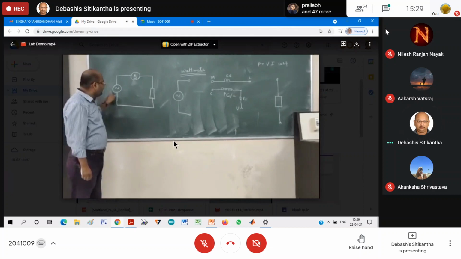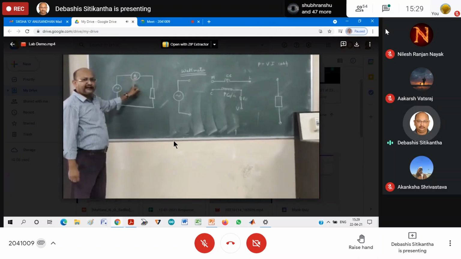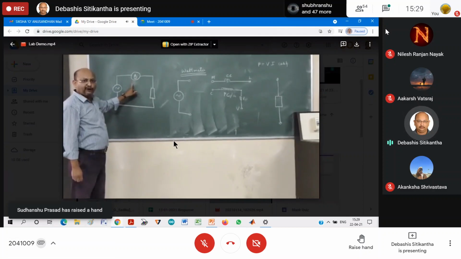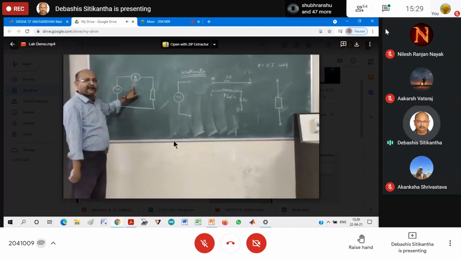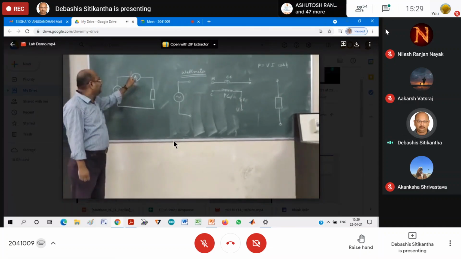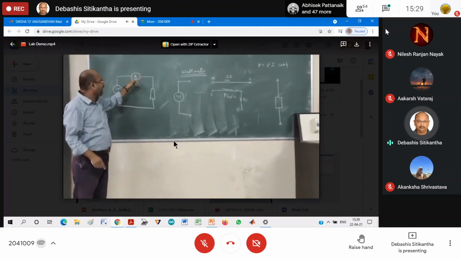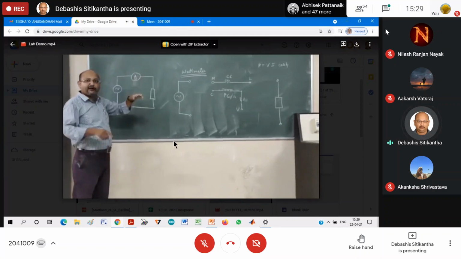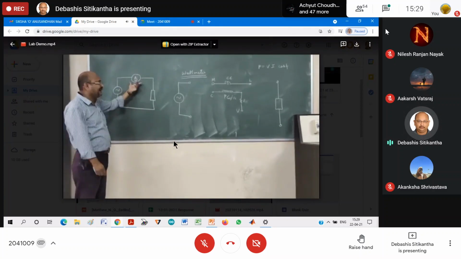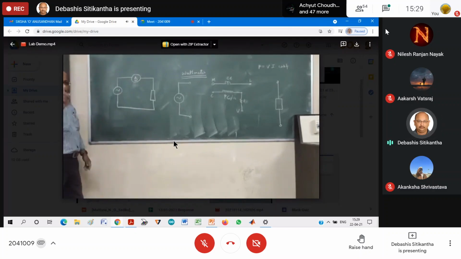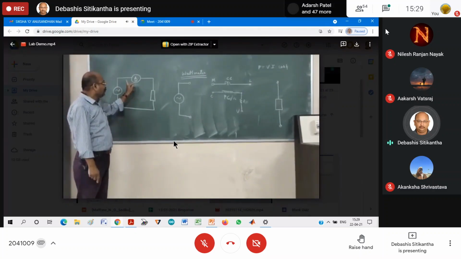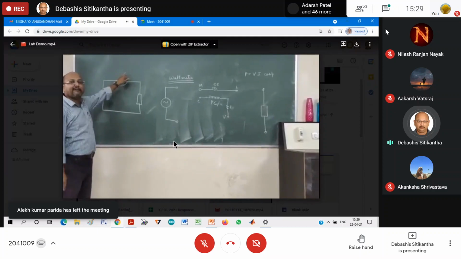Now, in order to get the most accurate value of the current drawn, one factor I must take into consideration: this ammeter itself should not consume any current. So no current should be utilized for running the pointer or making the magnetic field inside this ammeter. I want that no current should be lost in energizing this ammeter.